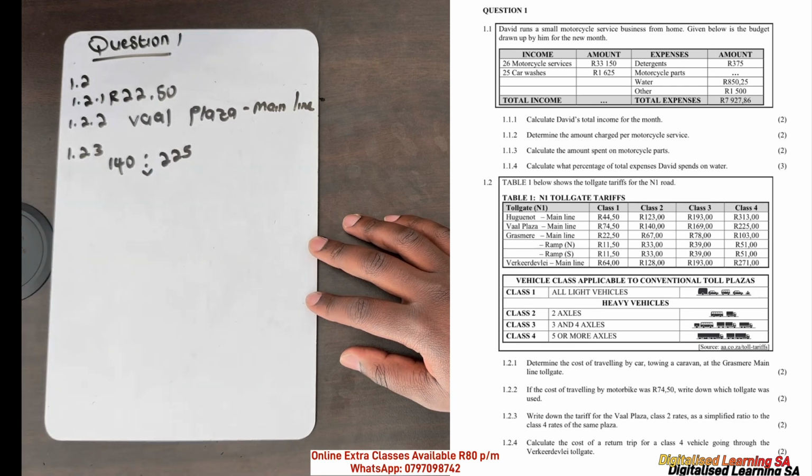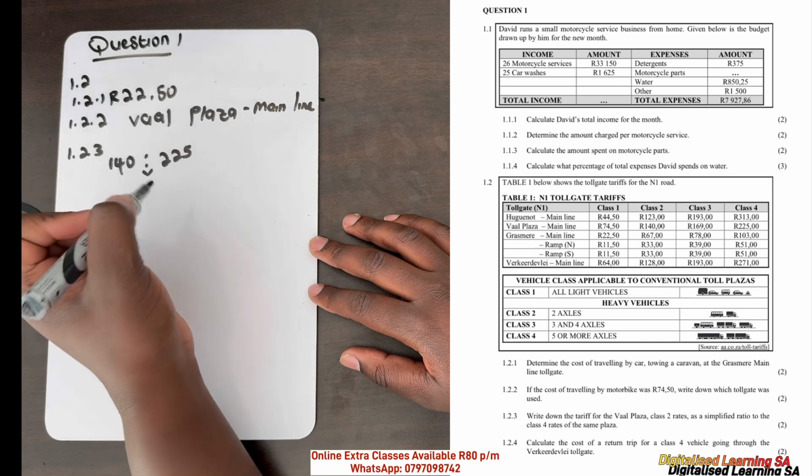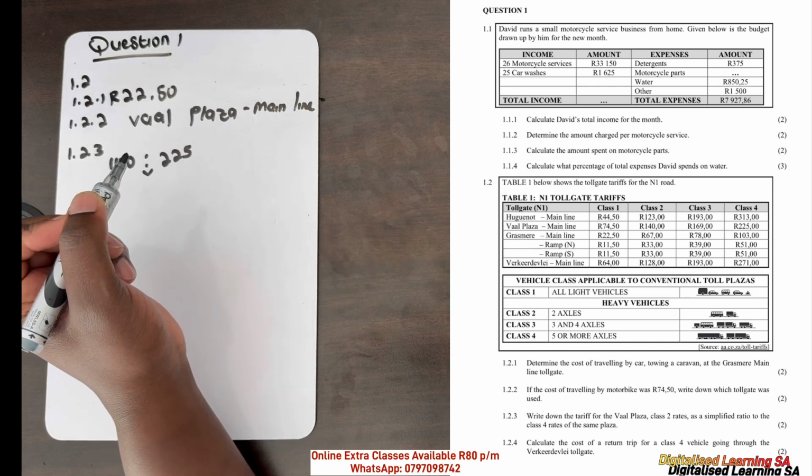So now we are told to write it as a simplified ratio. So if we are writing something as a simplified ratio, it means that we need to find a factor that when we divide by it, we will get a whole number.